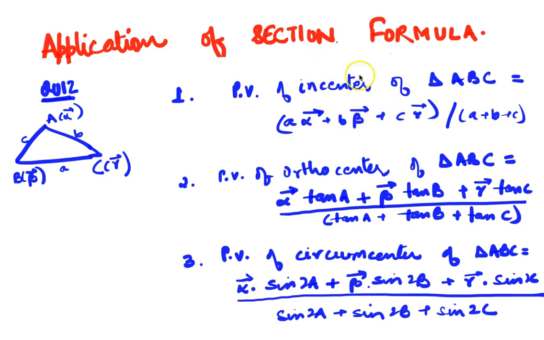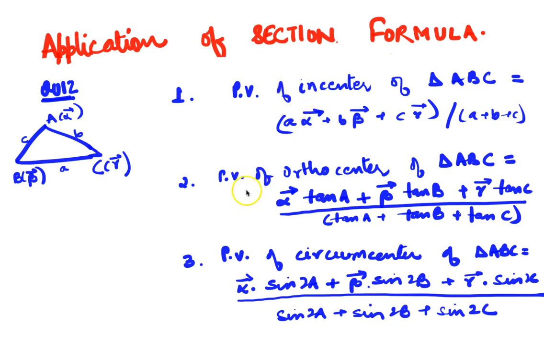Just to give you definitions of these three terms: the incenter of a triangle is where the angle bisectors meet. If there is an angle bisector of angle A, angle bisector of angle B, and angle bisector of angle C, they meet at a point which is called the incenter of the triangle.